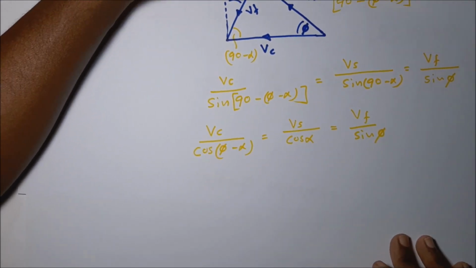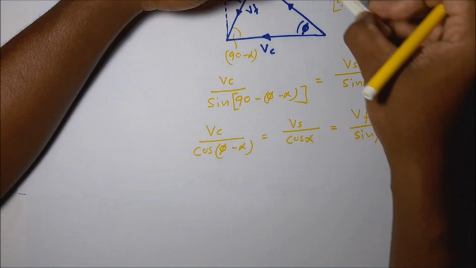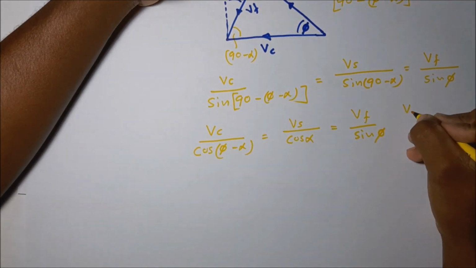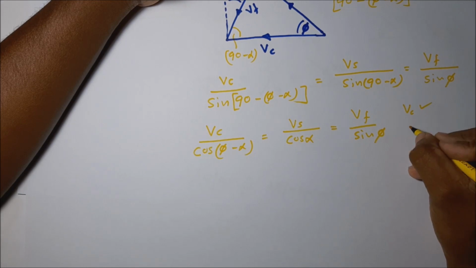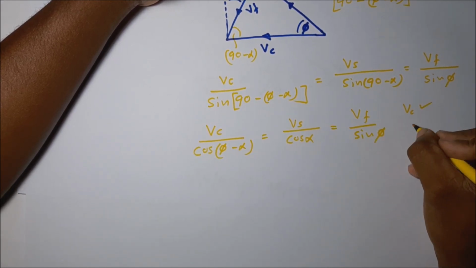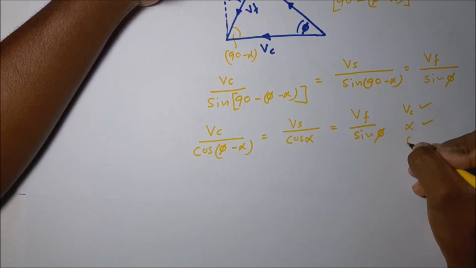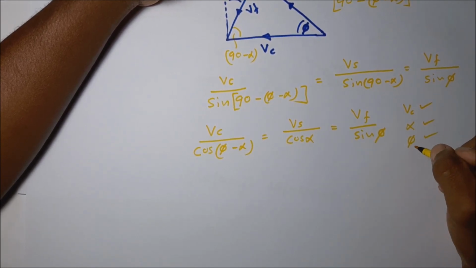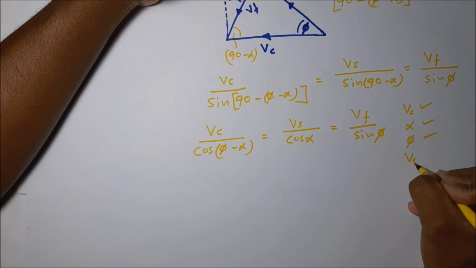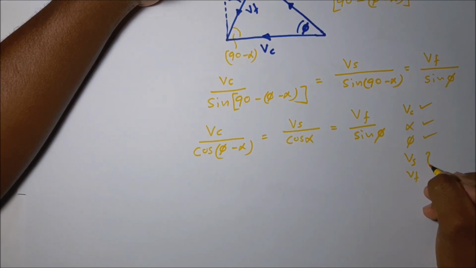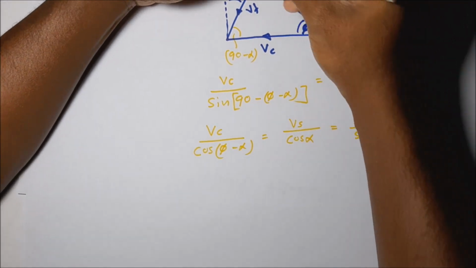In this equation, Vc is a known value. Alpha is a known value. The phi, we have an equation to determine, so that means it's a known value. Then Vs and Vf are unknown parameters.